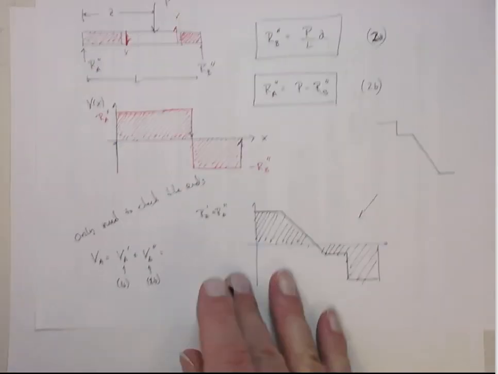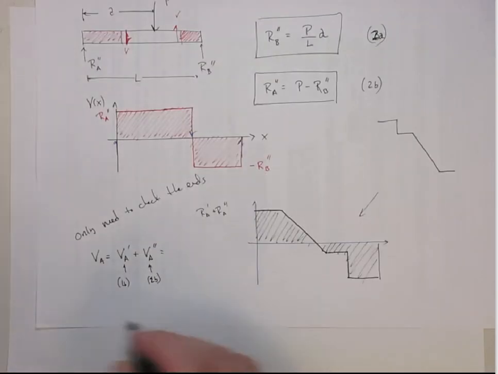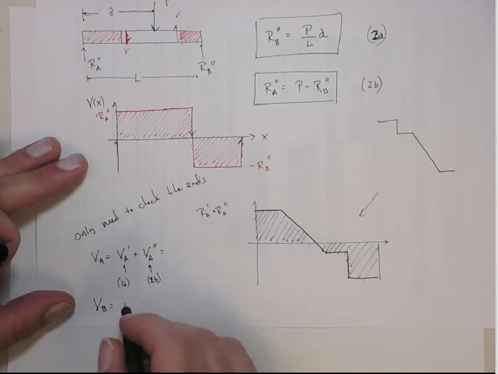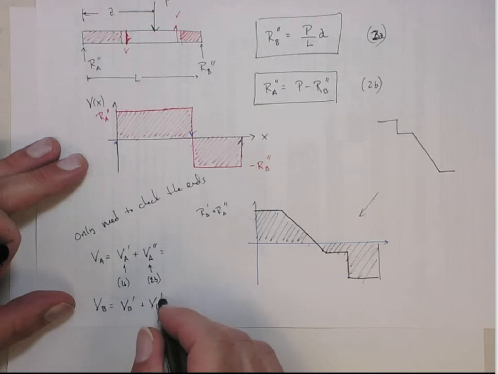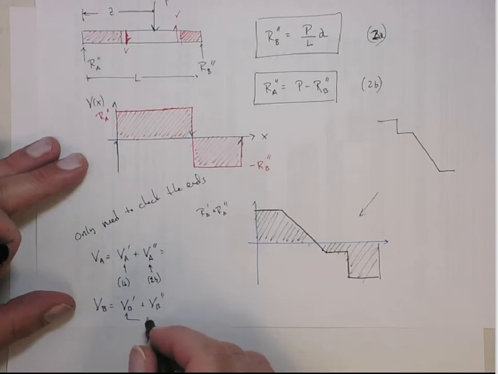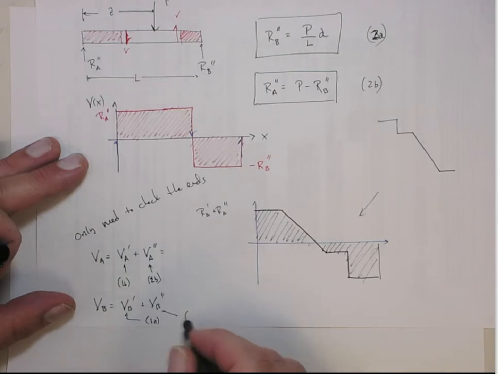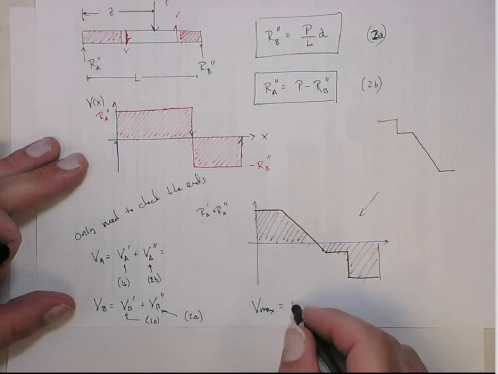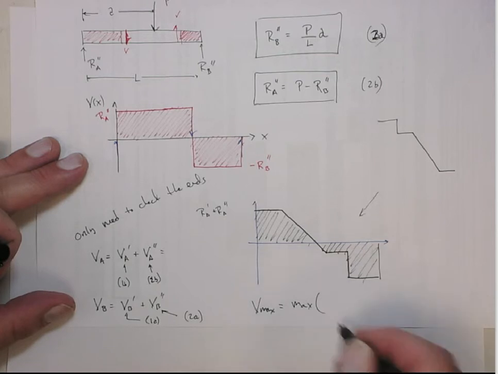Okay? Likewise, I can get V at point B is VB prime plus VB double prime. So this one comes from equation 1a, and this one comes from equation 2a.